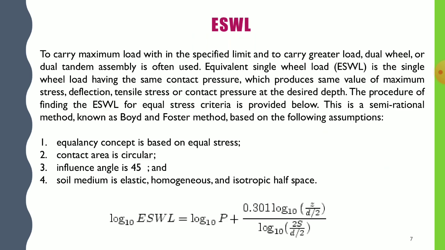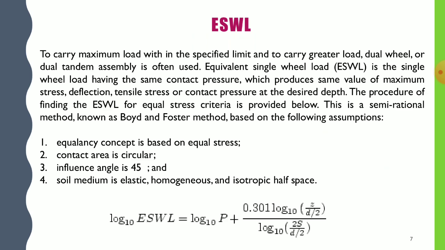ESWL is a single wheel load having the same contact pressure, which produces the same value of maximum stress, deflection, tensile stress or contact pressure at the desired depth. The procedure of finding the ESWL for equal stress criteria is provided below.